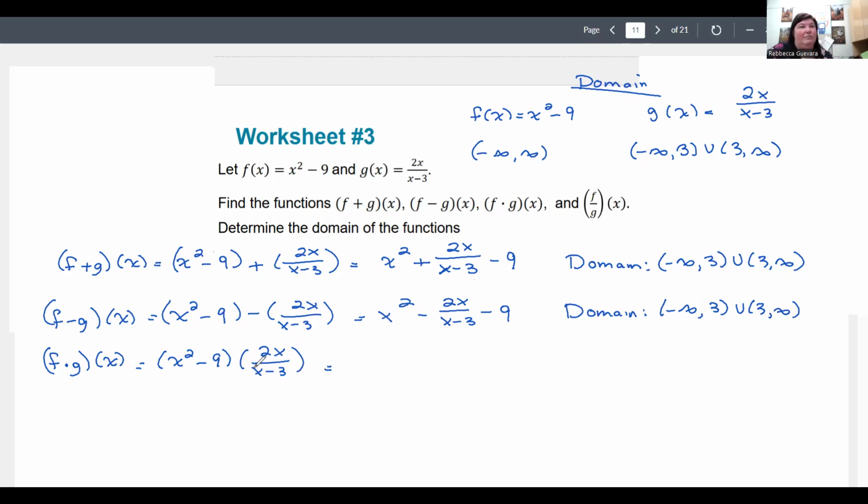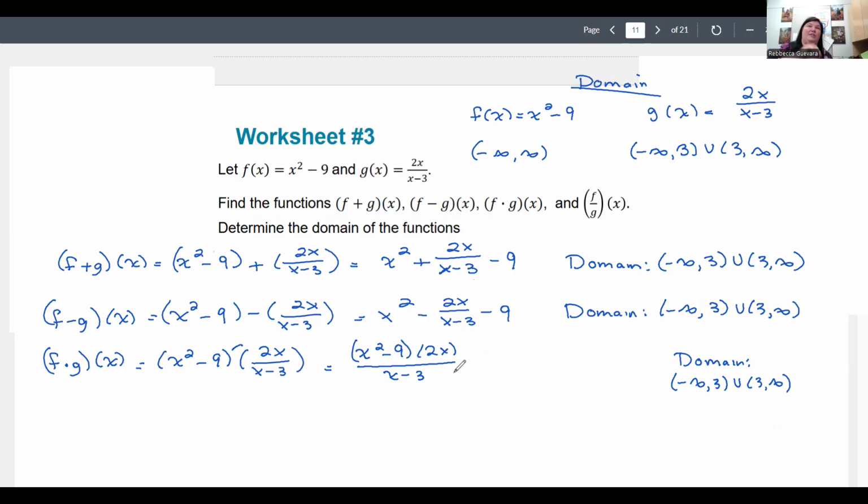So this one is going to end up being x squared minus 9 times 2x over x minus 3, which is going to be 2x cubed minus, oops, before I do that, let's stop right there. So here we know that the domain is going to be negative infinity to 3, 3 to infinity.